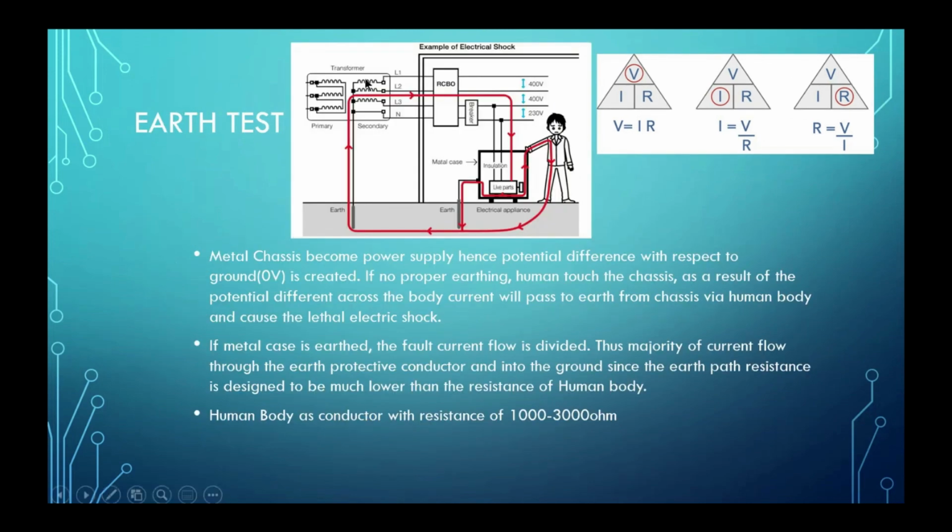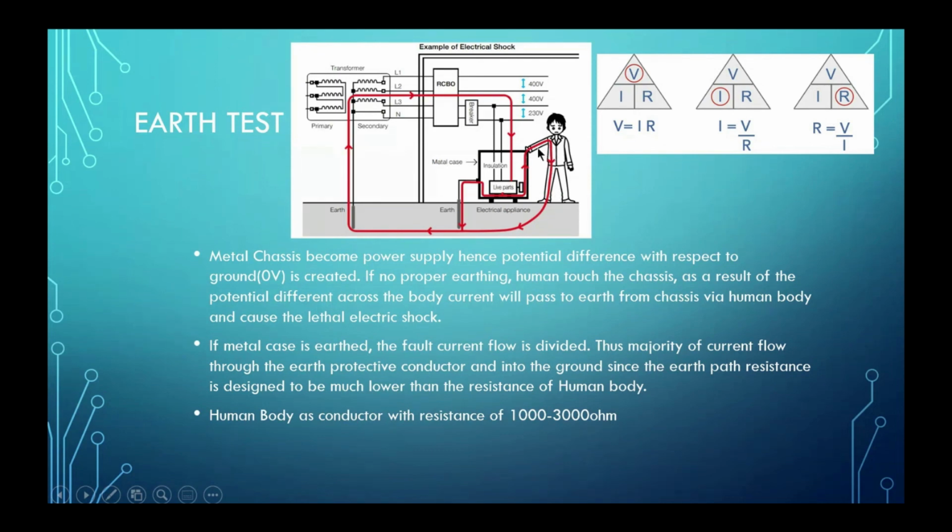Then we have designed our circuit with a breaker or RCD. When these currents pass through the earth, they will divide. The majority of the current will pass through the earth. Some of the current may still pass through the people, but it's a very small current only.